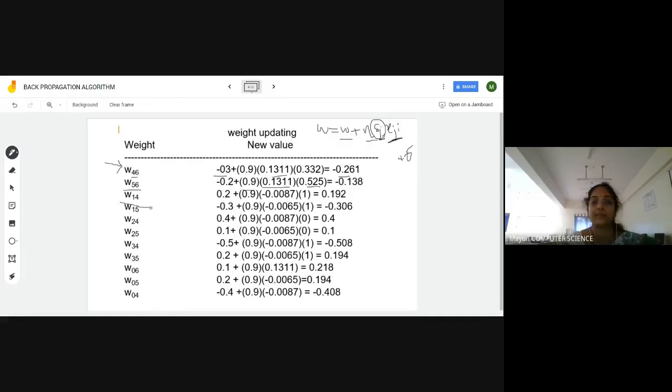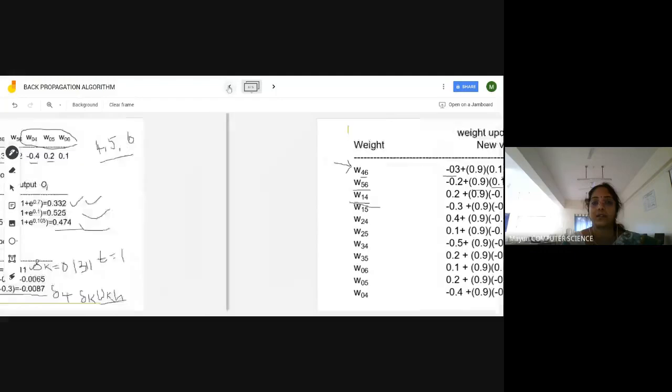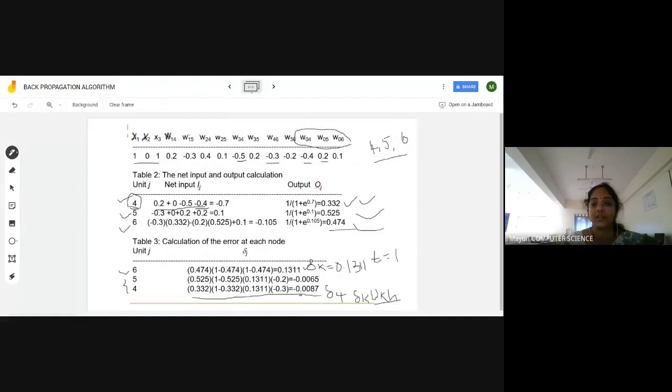W14 is also the same. W14 plus learning rate into del J, right? Del is the error. J is 4 here. What is the error at 4? You can see the error at 4 is 0.0087.